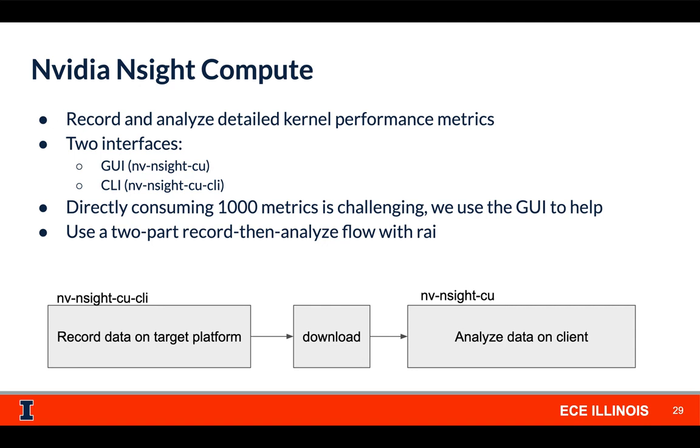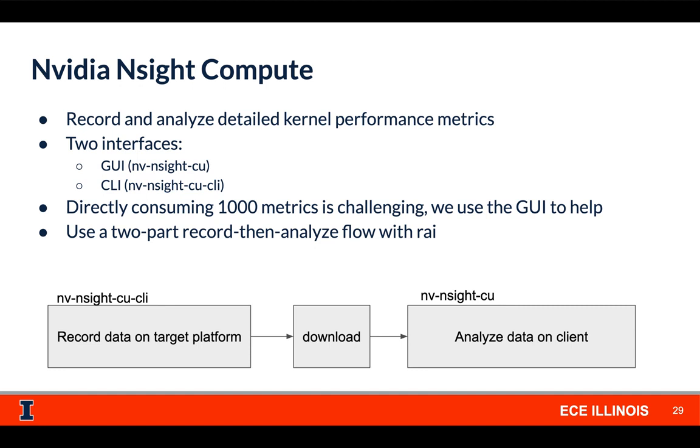Nvidia calls these metrics. There's two different interfaces that are sort of the same tool. One is the GUI interface, that's the nv-nsight-cu binary, and one's the command line interface, which is nv-nsight-cu-cli. Basically, there's thousands of different metrics that the GPU can report to you about what the performance is.